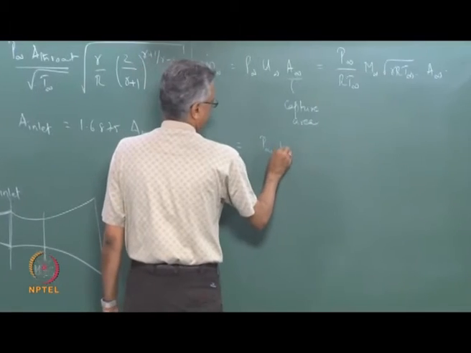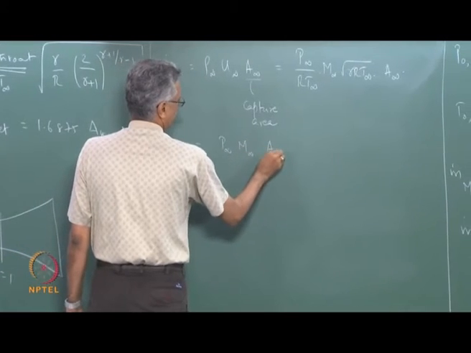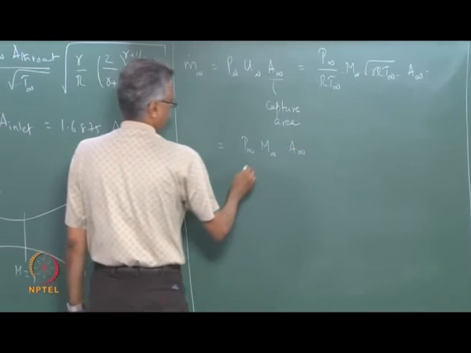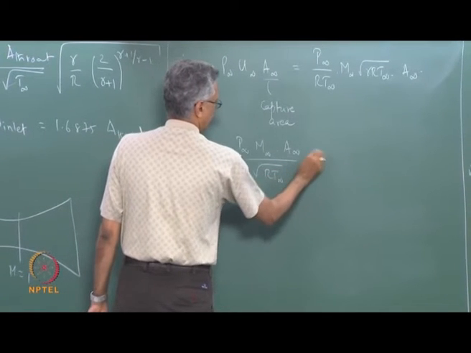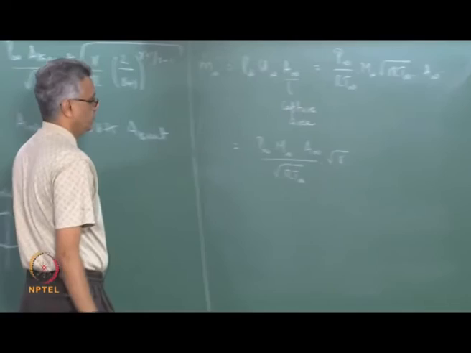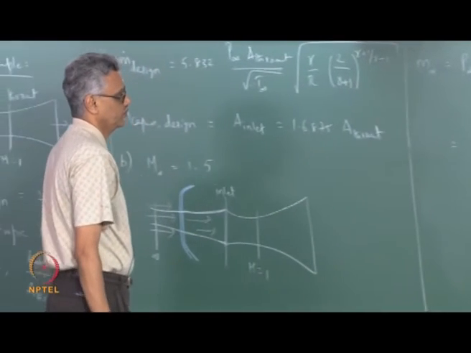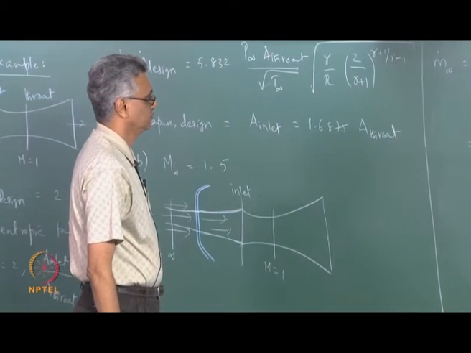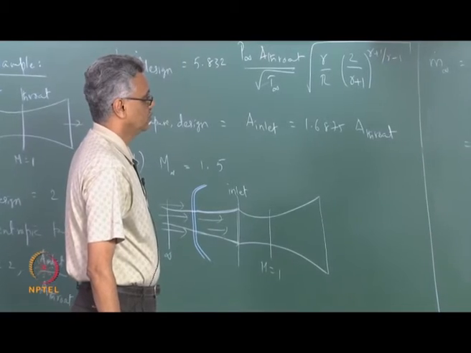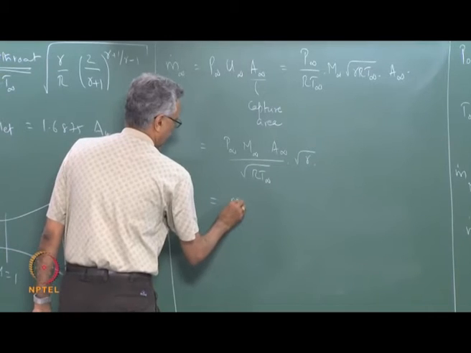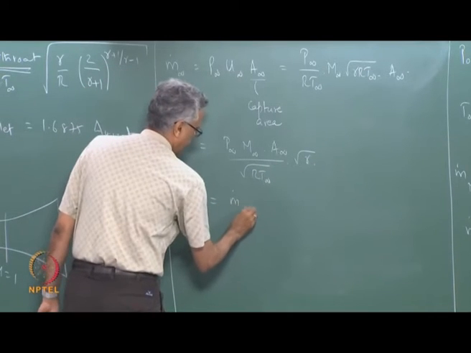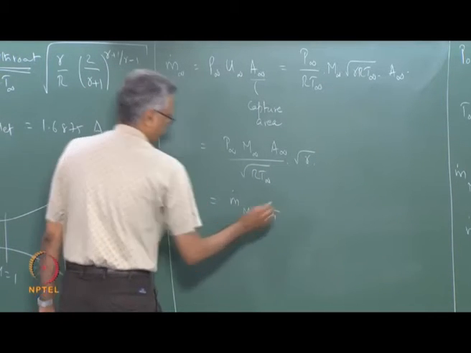P infinity times M infinity times A infinity divided by square root of R times T infinity times square root of gamma. So, we are going to set this equal to m dot corresponding to M infinity equal to 1.5, right.